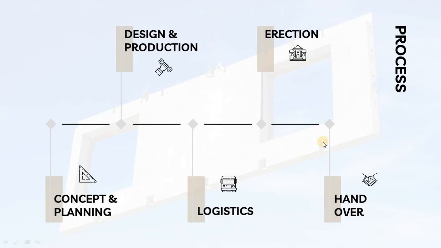And then lastly, after the erection, the elements will be completely finished and handed over to the client. So this is the full process starting from the concept to the handover to the client.